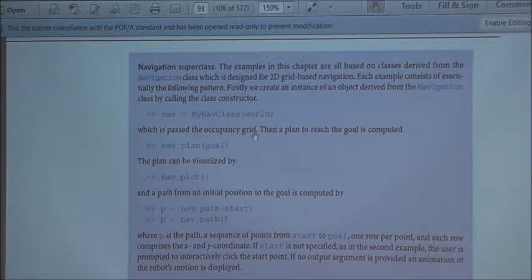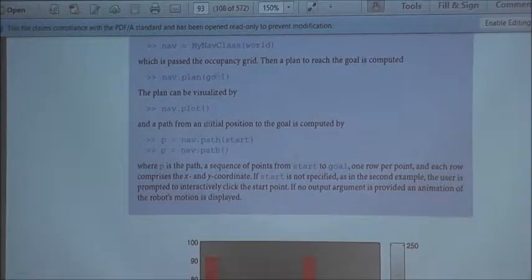The grid has zeros and ones on the map in the memory of the computer on the robot. Zero means free passage, one means obstacle, and then you can plot it.